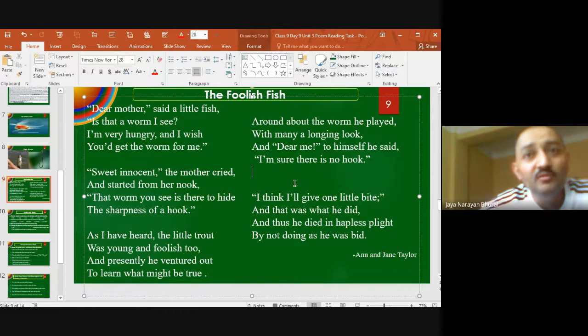If they don't follow what the elders say, if they try on their own without properly observing, then there are chances that they might fall in a trap or even lose their lives. So the message that the poets, these two sister poets, want is for little children to listen to their mom and dad, their teachers, their elders, to be far from problems.